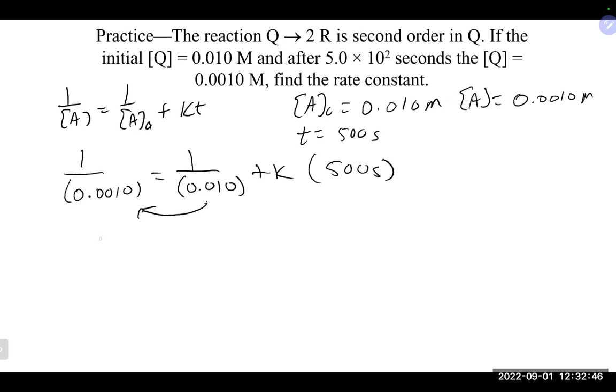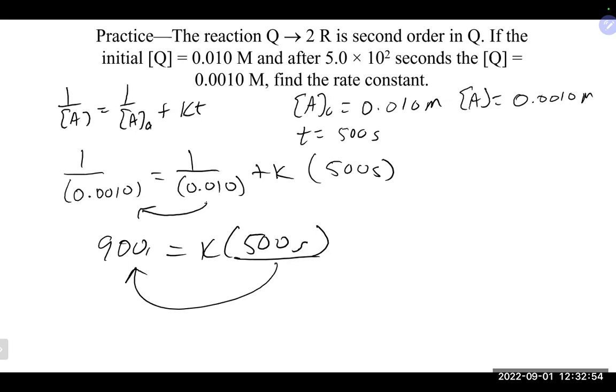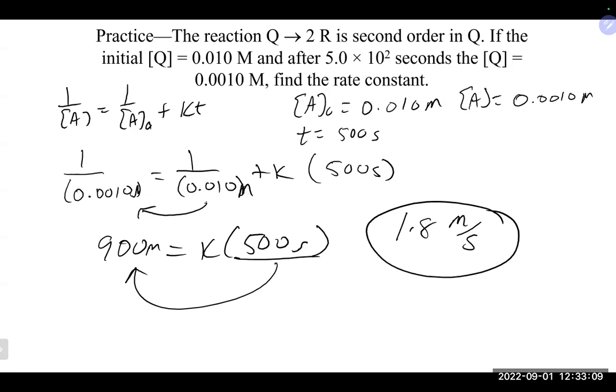That gives me 900 is equal to k times 500 seconds. I'm going to divide my 500 seconds over, and that's going to give me 1.8, with units of molarity up on top and seconds as molarity is basically over here.